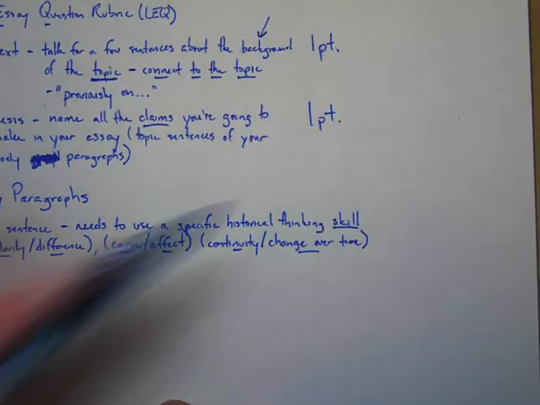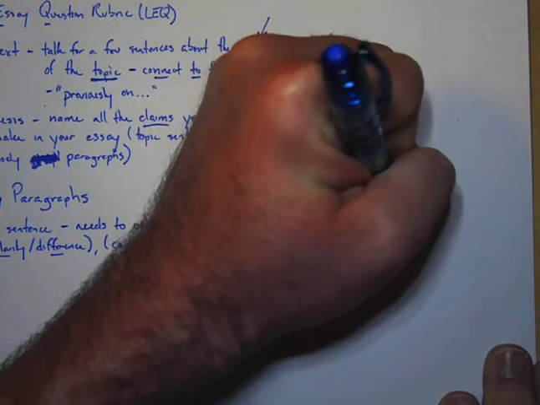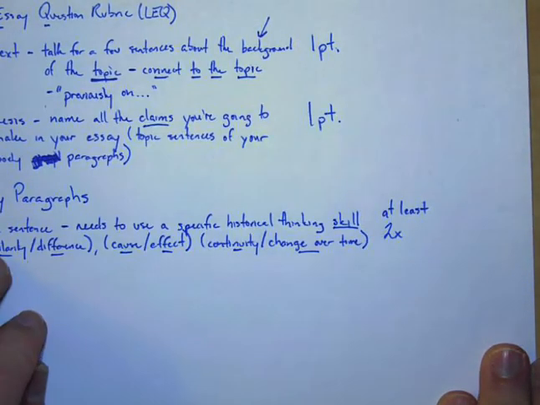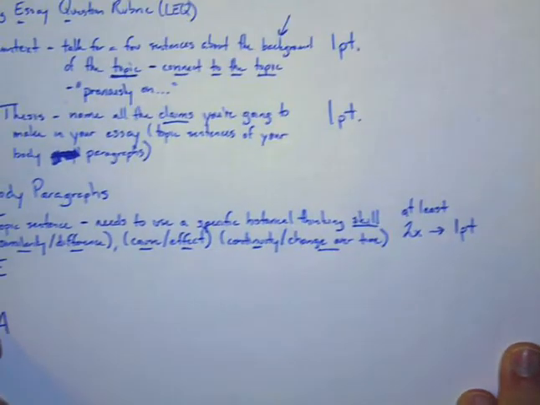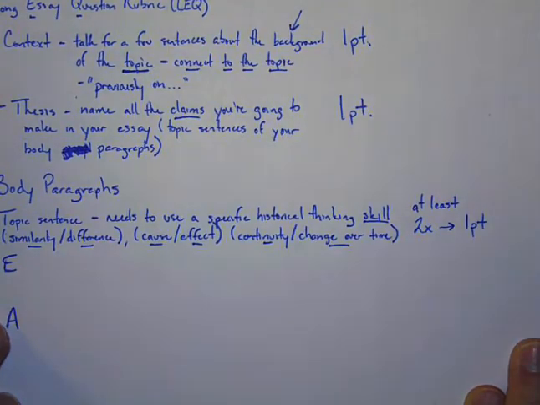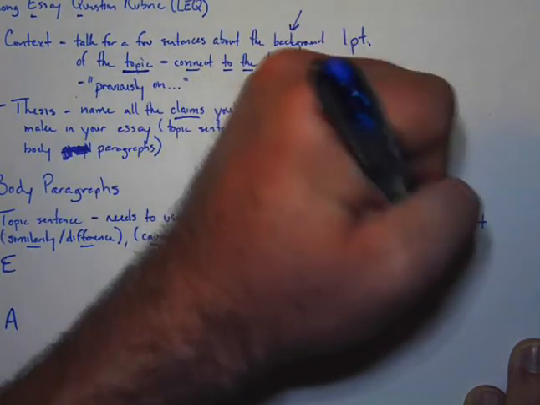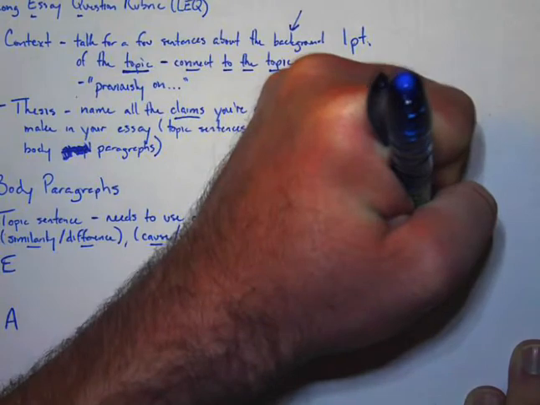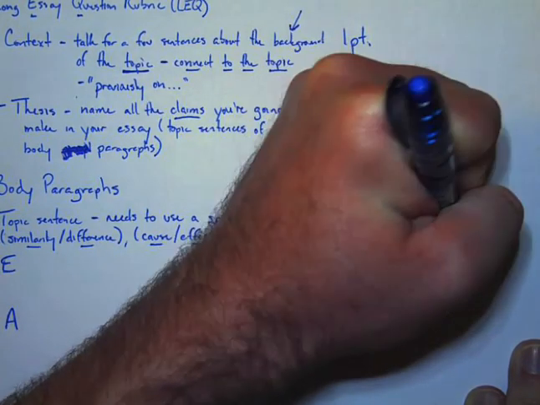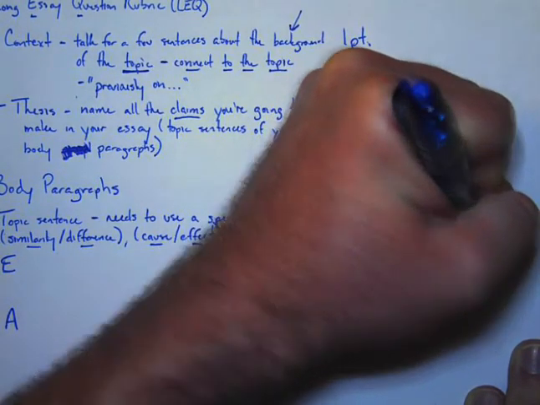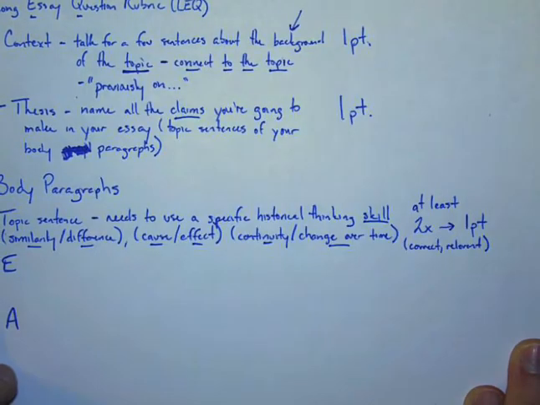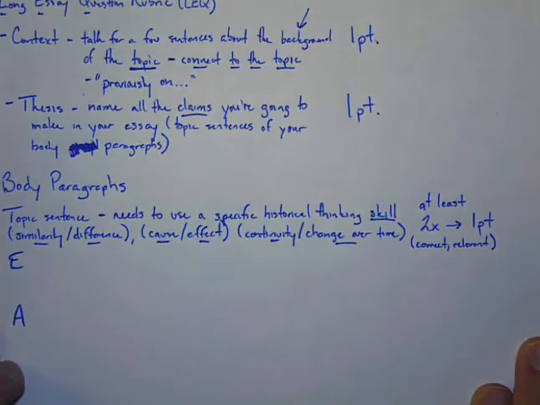If you do this at least 2 times, that equals 1 point. Now, when I say that you do it 2 times, that means it has to be correct, and it has to be relevant, and all of that stuff. But if you do it at least 2 times, you get 1 point.